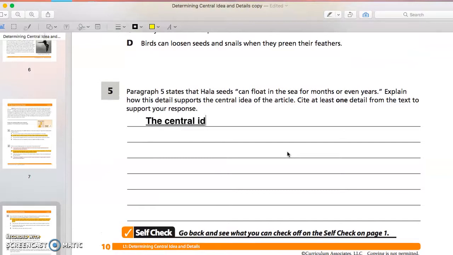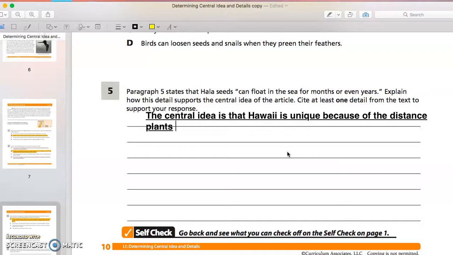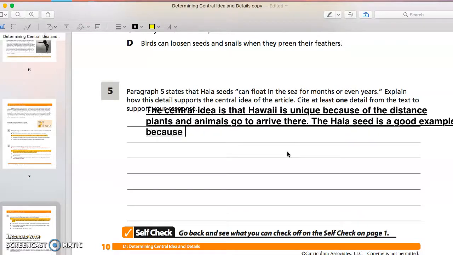The central idea is that Hawaii is unique because of the distance plants and animals go to arrive there. The challah seed is a good example because it travels for months and years to get to Hawaii.